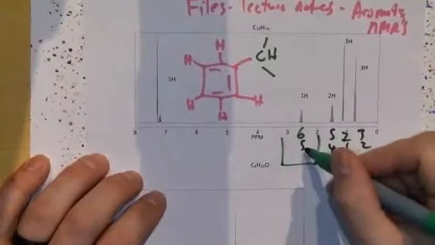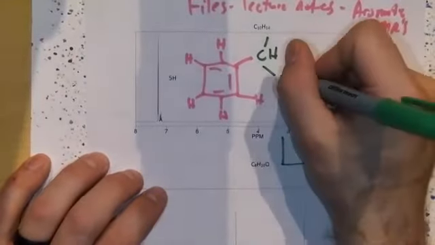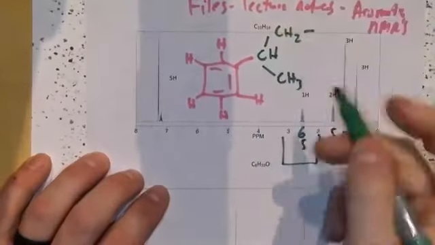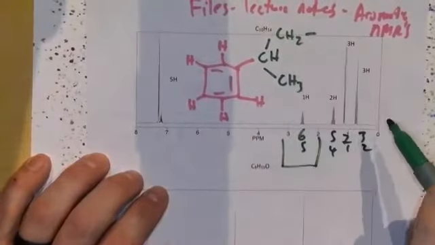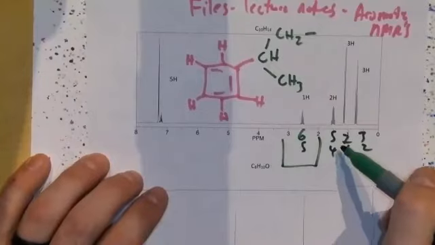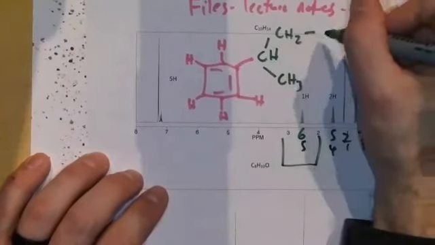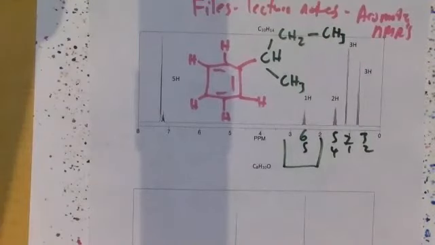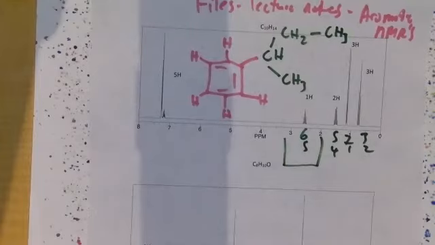It's got 5 neighbors, which should be a CH3 and a CH2. CH3 is terminal, CH2 has one open spot. Supposed to have 4 neighbors, currently has 1, so it needs a CH3. And because we already did this one, I'm not going to go through and label each of these.